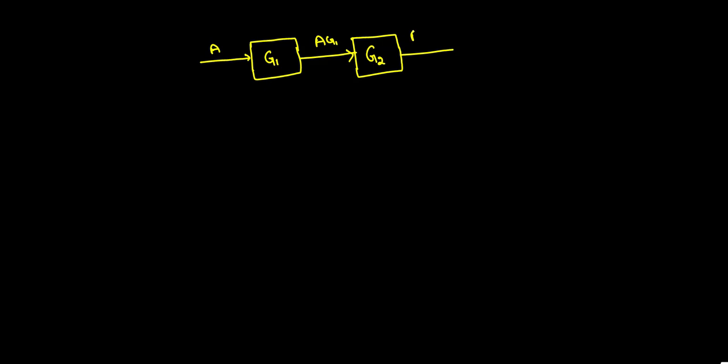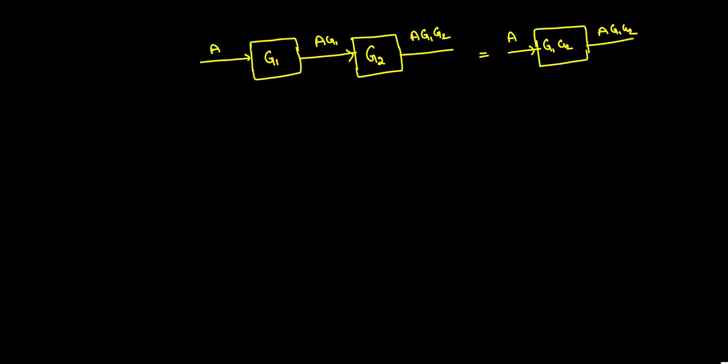This output will become A G1 G2. So this can be written equivalently: if I have a complete block as G1 G2, and if I give input A, the output can also be written as A G1 G2. So this is an equivalent representation.